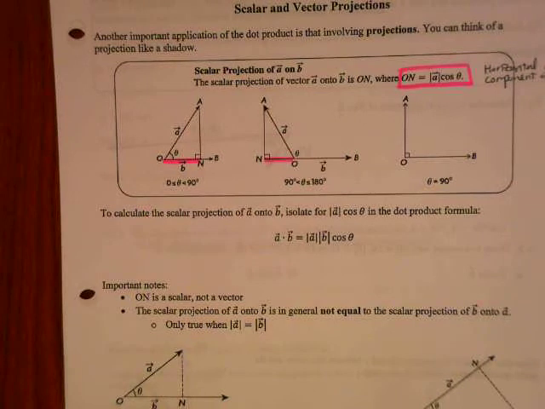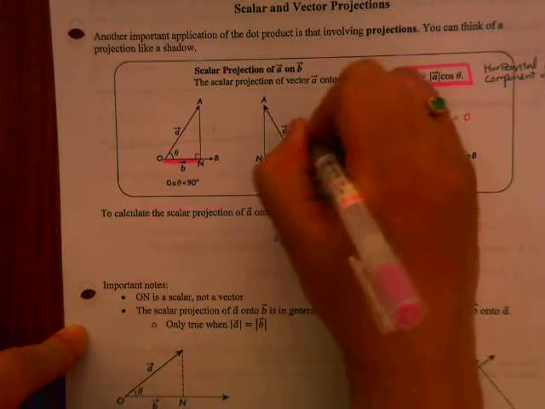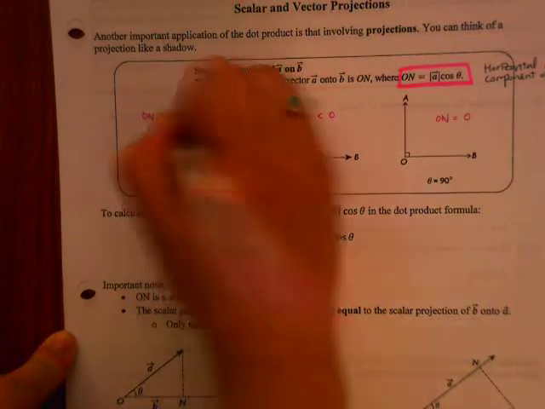And in the case that the angle theta is 90 degrees, what does the scalar projection equal? 0. Exactly. So in this case, ON is equal to 0. Here, ON will be negative, and here, ON would be positive.